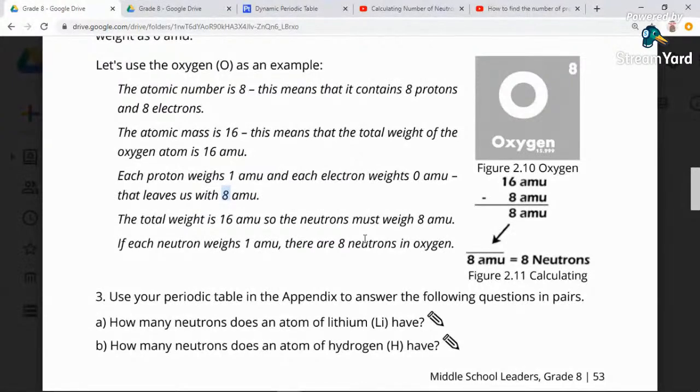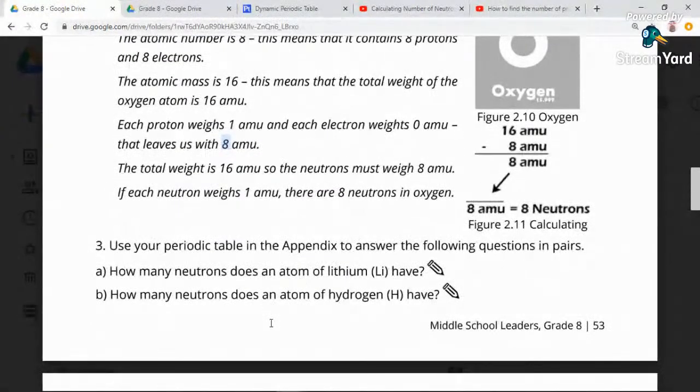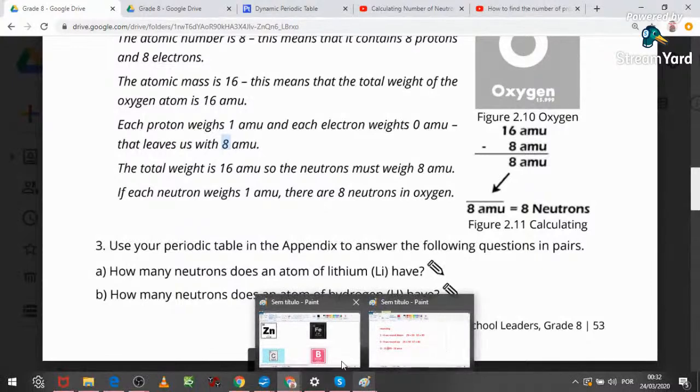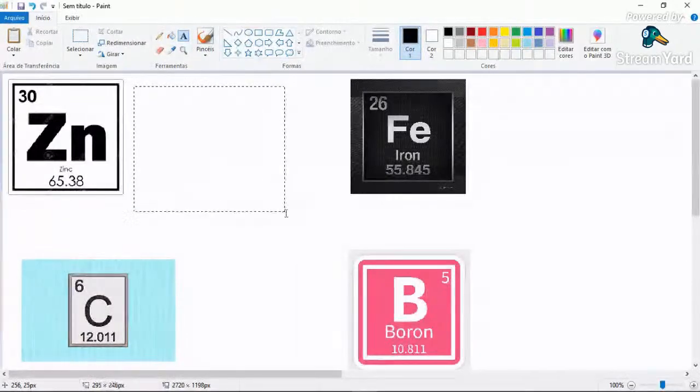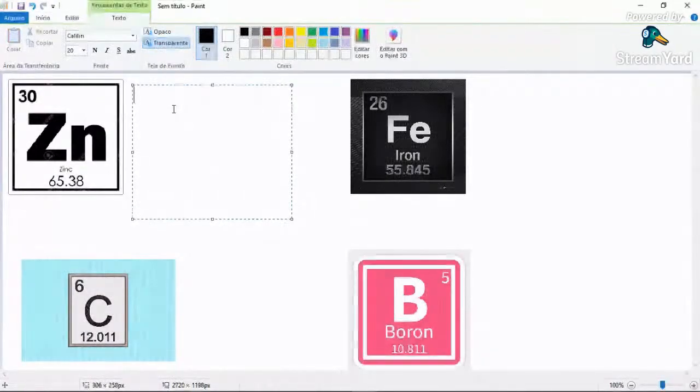Now, I made a little chart here for us to practice this, because maybe you just looked at the screen and said, huh? Okay, so let's look at zinc. I see the 30, right? So the 30 is going to be my protons. I have 30 protons.